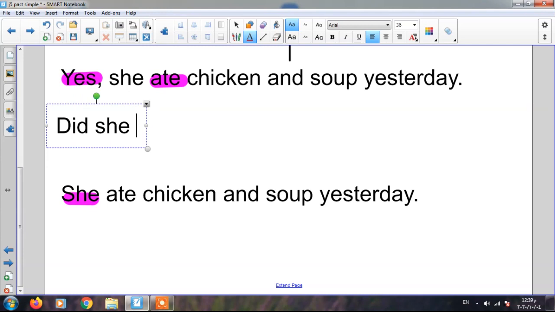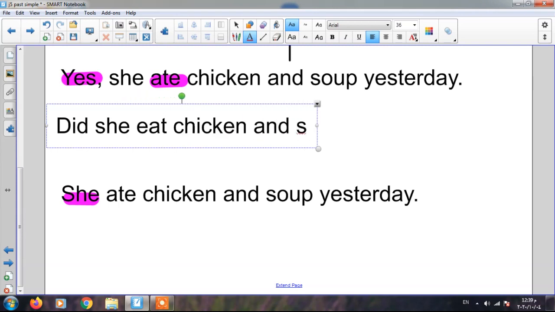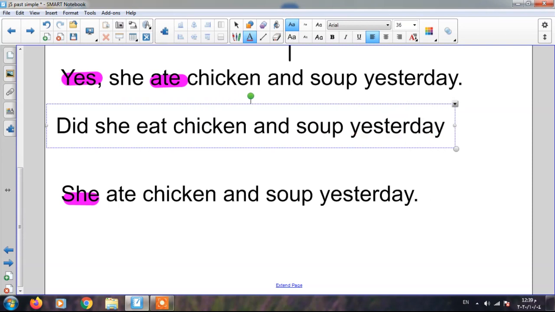Did she? And do you remember that I said after did I put the verb in the infinitive? So what's the infinitive of ate? Correct. So, did she eat chicken and soup yesterday? And put a question mark. Don't forget that because we are forming a question.